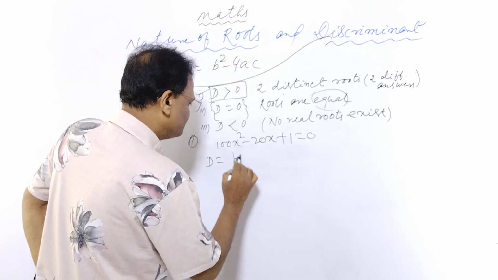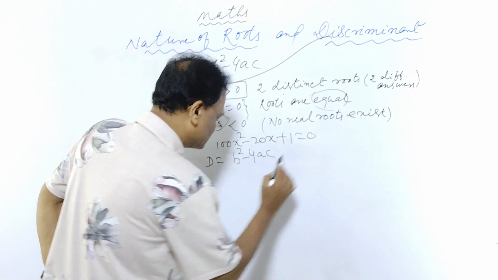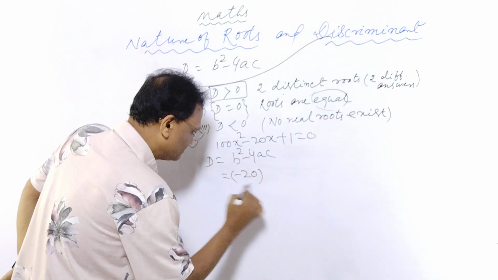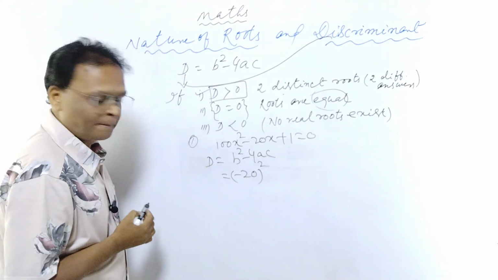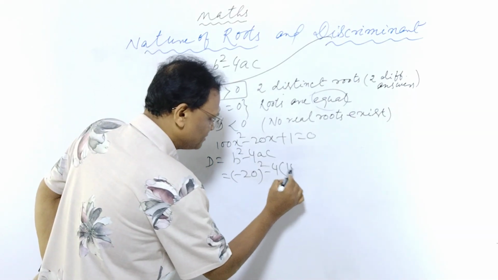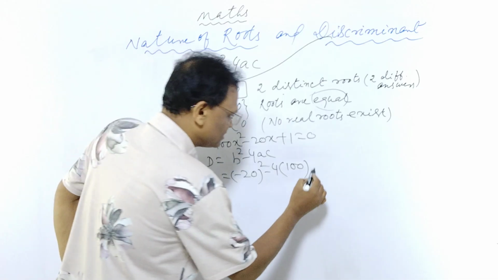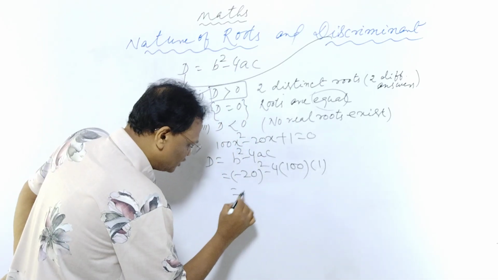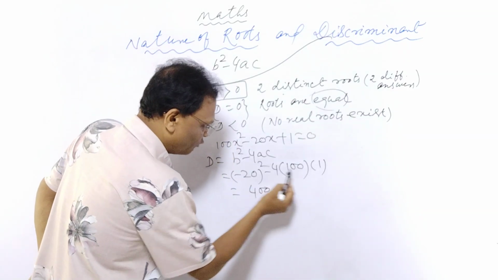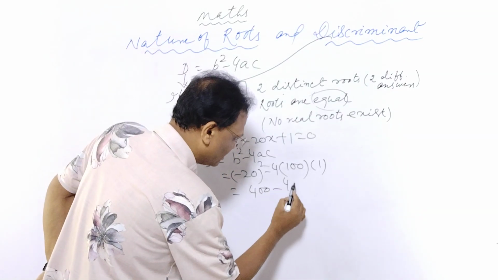D equals b square minus 4ac. What is b? b is minus 20. What is a? a is 100. What is c? c is 1. 20 into 20 is 400, minus 4 into 100 into 1, which is 400.